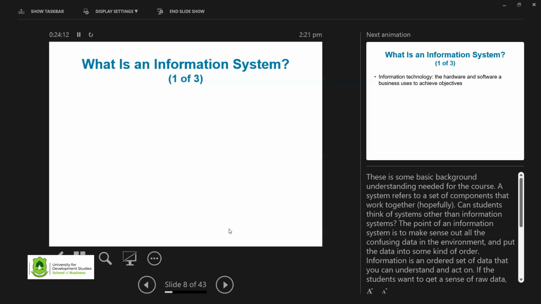How different is that from information technology? Now, in some literature, they will just tell you that the hardware and the software part represents the technology. Others will include this as the technology.